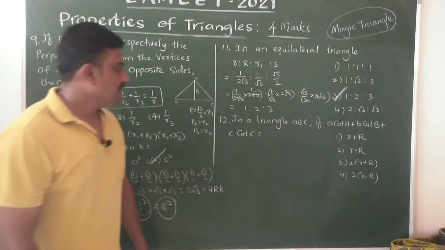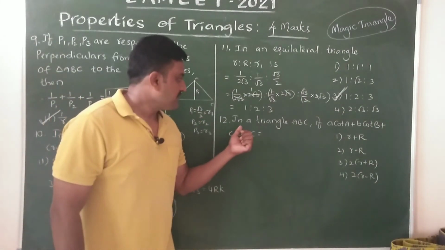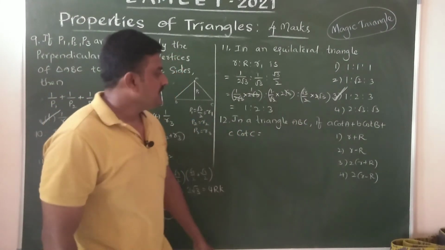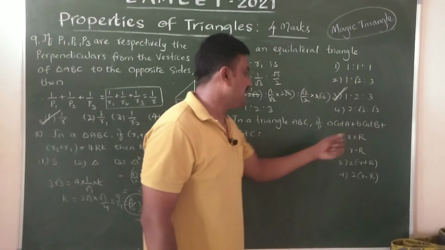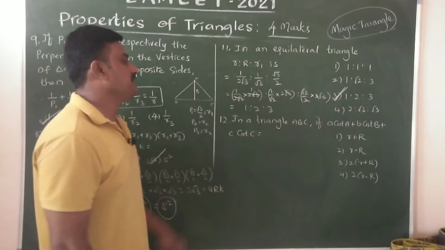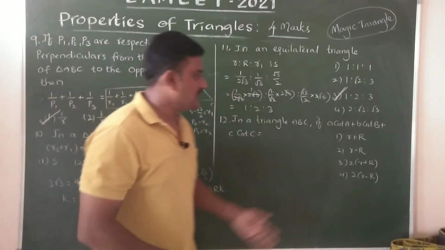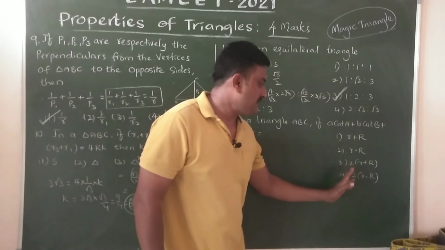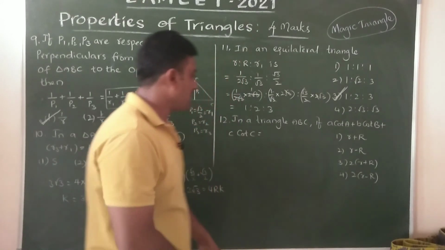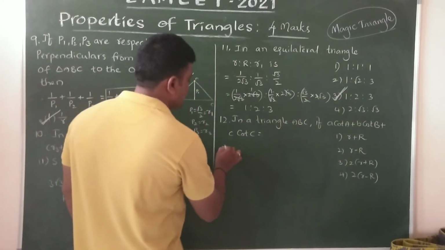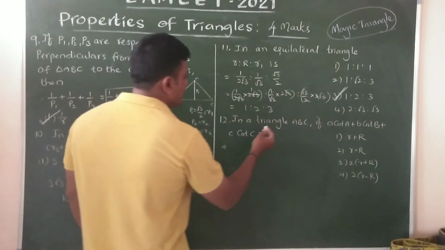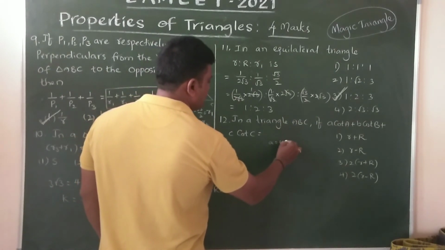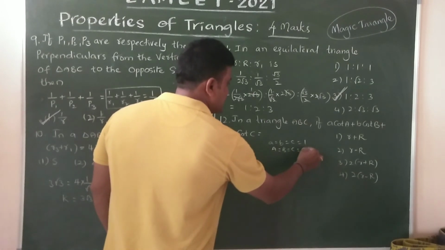Now the 12th one, the last one. In a triangle ABC, if A cot A plus B cot B plus C cot C, it is also the same as the previous problem. Options are r plus capital R, minus capital R, 2 into r plus capital R, 2 into r minus capital R. Let small a equal b equal c equal 1 and capital A equal B equal C equal 60.